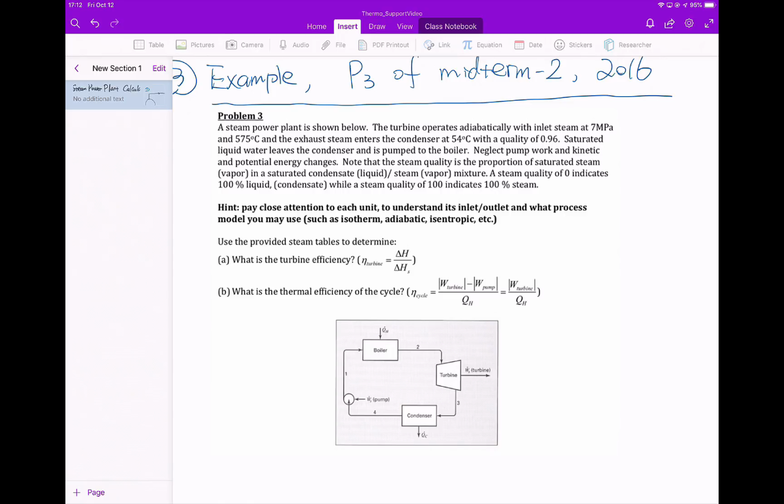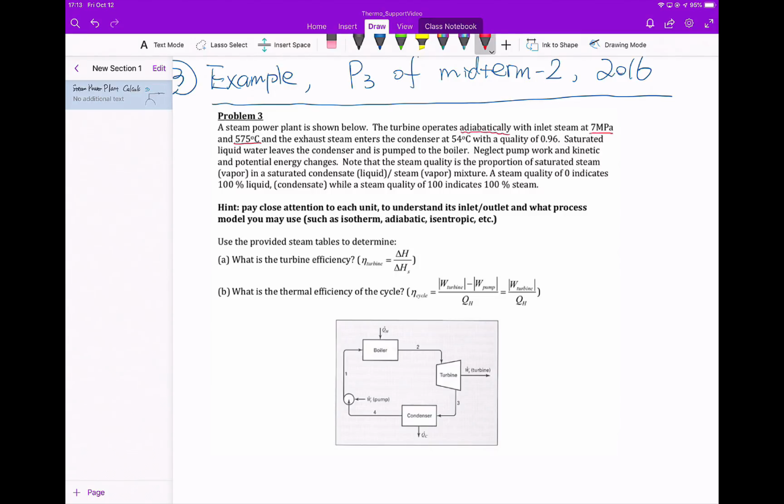A steam power plant is shown below. The turbine operates adiabatically, which makes sense, with inlet steam at known temperature and known pressure.